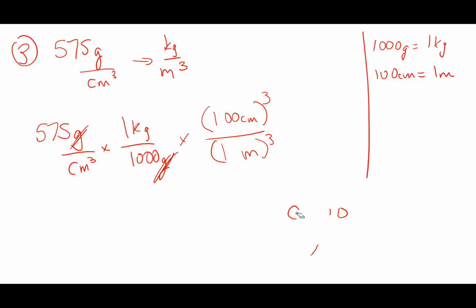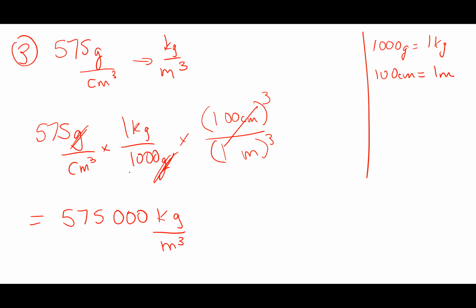Okay, so I put this in on my calculator. I'm going to do this now. So 575 divided by 1,000. And then I'm going to multiply it by 100 3 times, or more specifically, 100 to the power of 3. And I got a really big number here. 575,000. This would be kilograms per meters cubed.